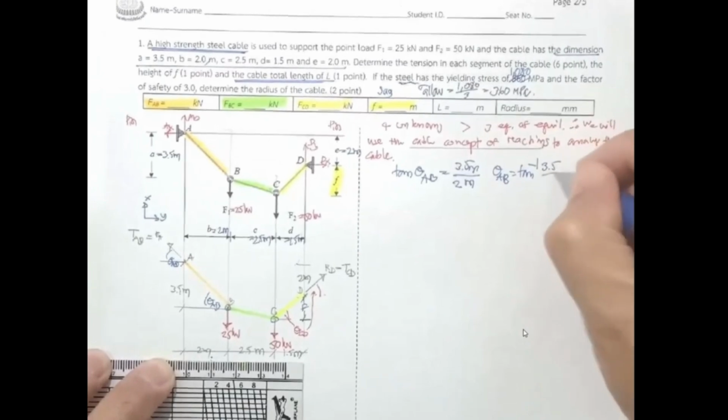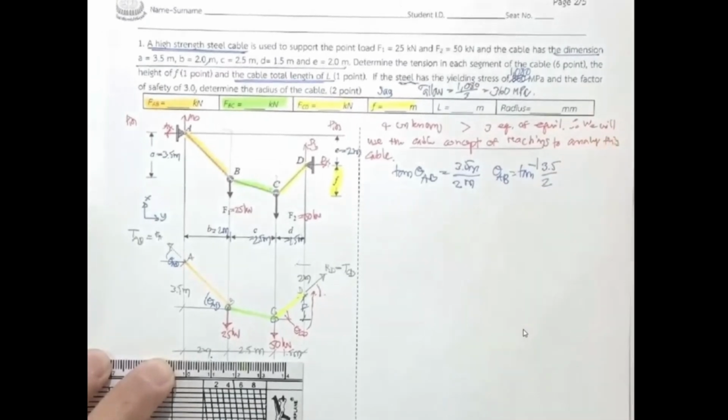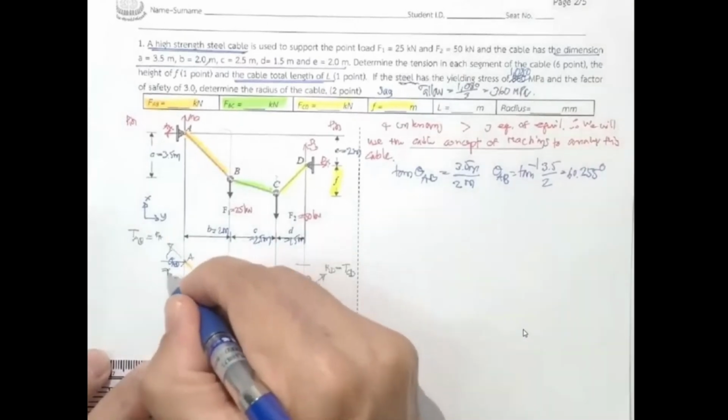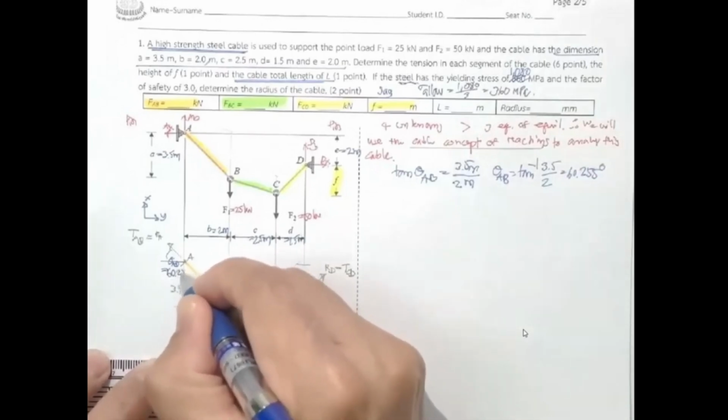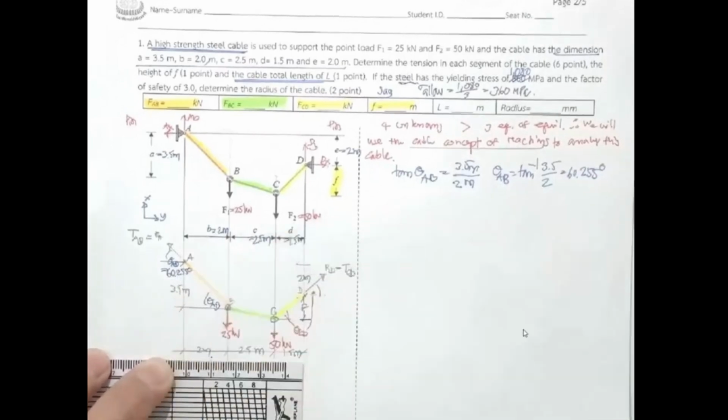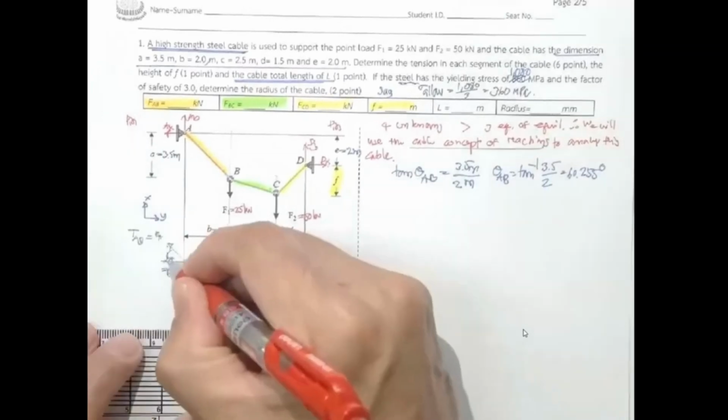What you guys get is going to be 60.255 degree. Now this is going to be 60.255 degree.